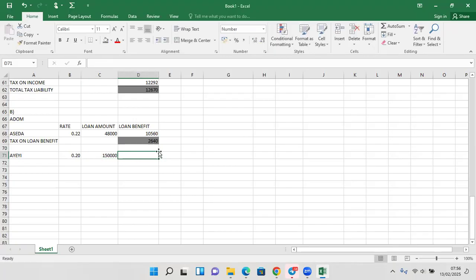So the loan benefit is going to be equal to 0.2 times this.